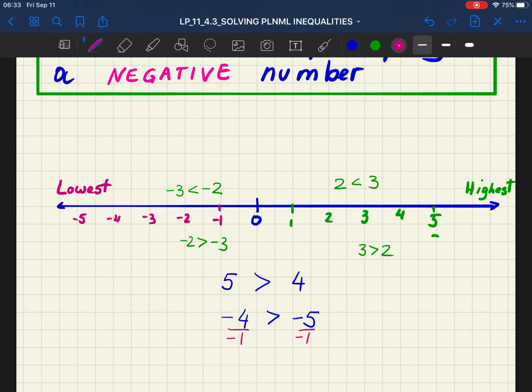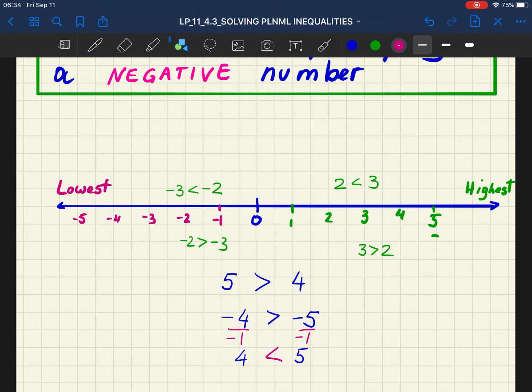Negative 4 divided by negative 1 is positive 4, and negative 5 divided by negative 1 is positive 5. Now let's compare the two numbers. How would you compare 4 with 5? 4 is to the left of 5, so 4 is less than 5.